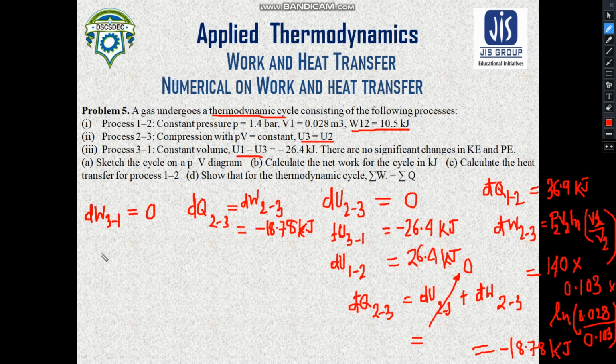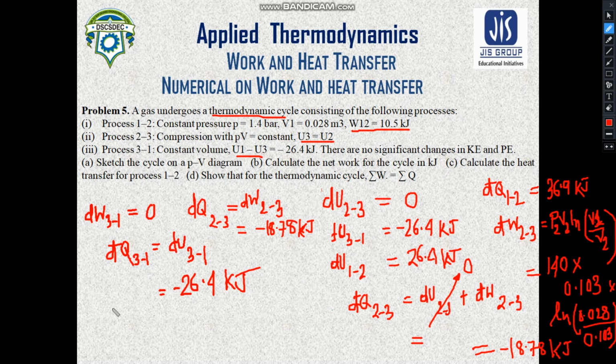Since dw 3 to 1 is 0, then it is quite evident that dq 3 to 1 will be equal to du 3 to 1, which is given as minus 26.4 kilojoule.